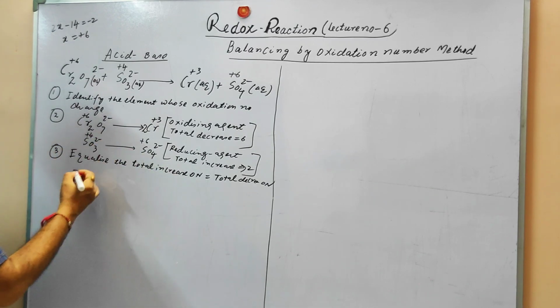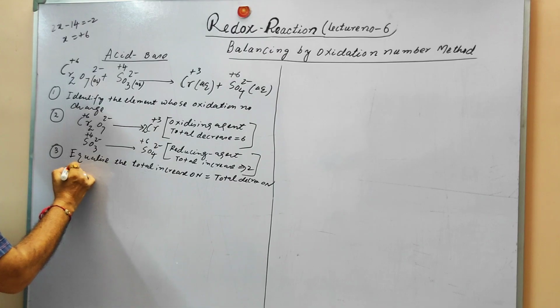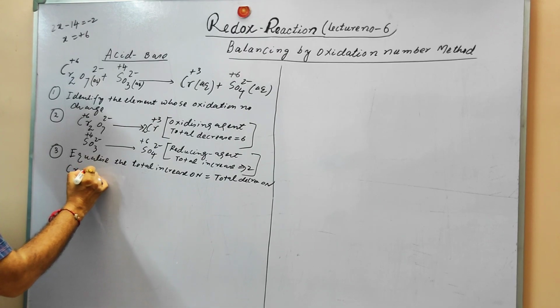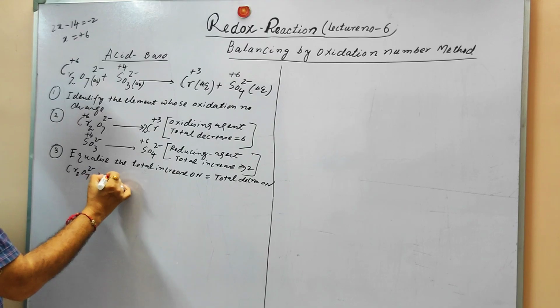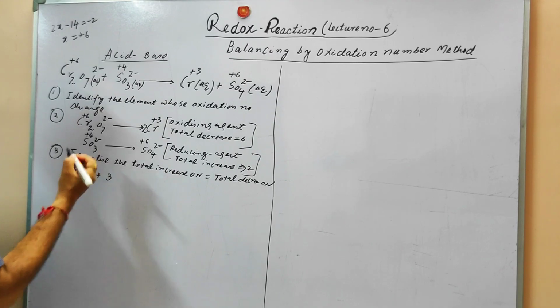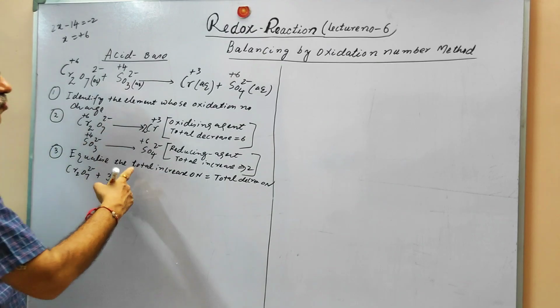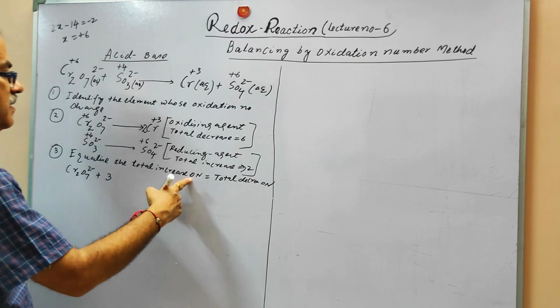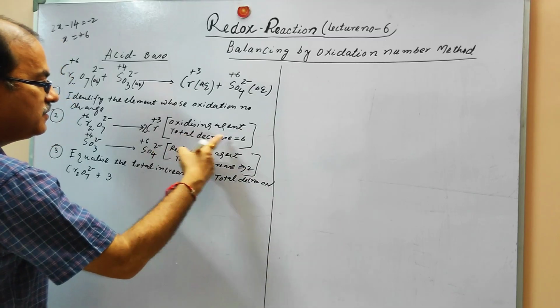So we can now write the total equation: 2 minus, plus we have to multiply by a factor of 3 to make them the same. Total increase in the oxidation number is 2 only, total decrease is 6.